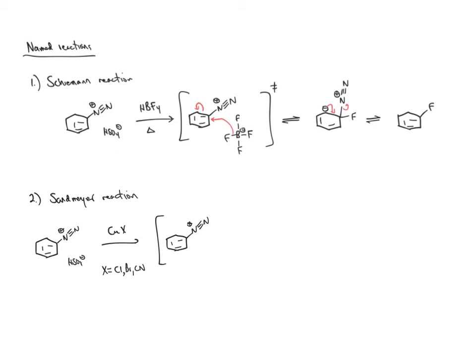where the copper is going to start to coordinate to that nitrogen, and it's going to allow you to deliver that X group to the aromatic ring. And so we're going to get a nucleophilic aromatic substitution mechanism. We generate an arenium ion.